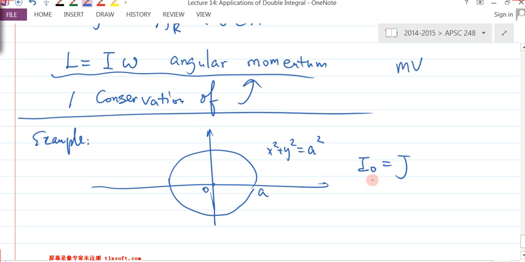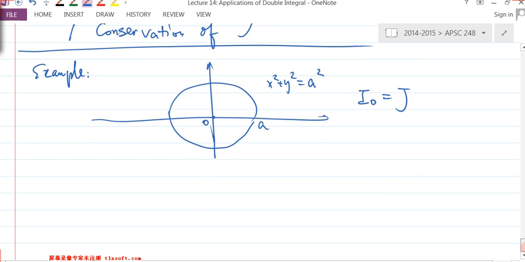I can call it I naught or J, it doesn't matter, as we derived. If you draw it in a 3D case, this is basically the axis, and that's the z-axis, right? And what's the moment of inertia of this plate with respect to this z-axis?